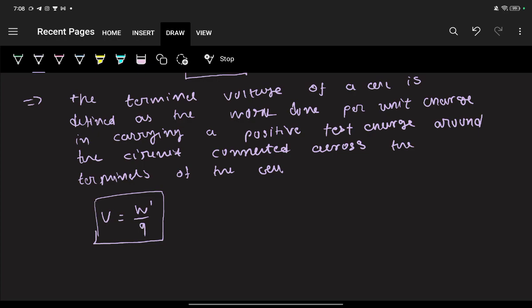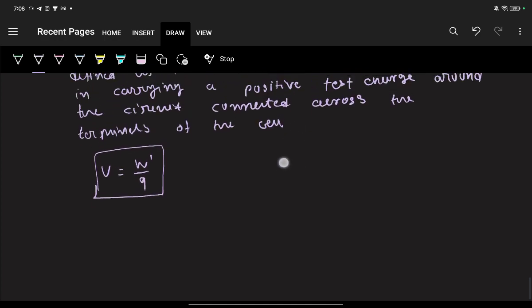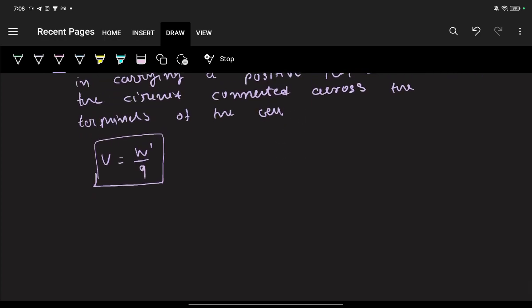Alright. Now, the relationship between EMF and terminal voltage of a cell. What is the relation between terminal voltage and EMF of a battery?